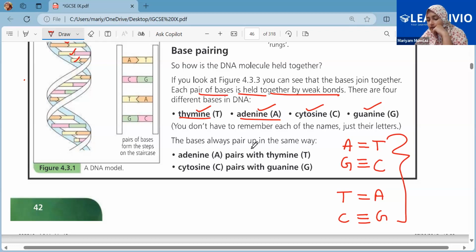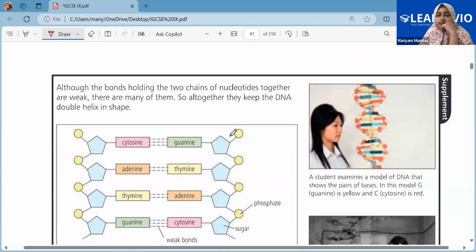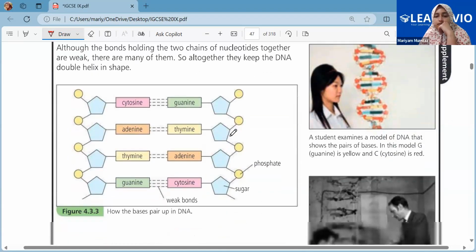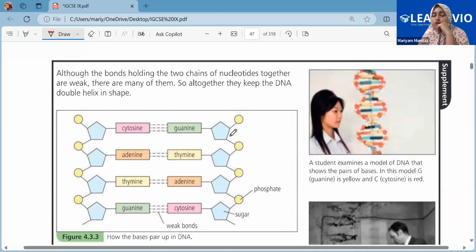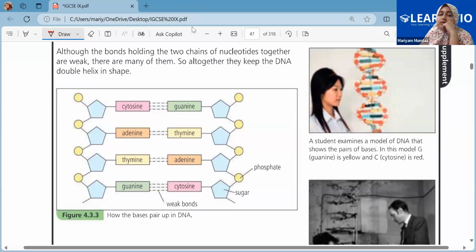No. All right, great. So now see, the two bases, whether it is adenine, thymine, guanine, or cytosine, are joined together with the help of hydrogen bonds. And hydrogen bonds are weak bonds. What they do is keep the DNA double helix in shape.